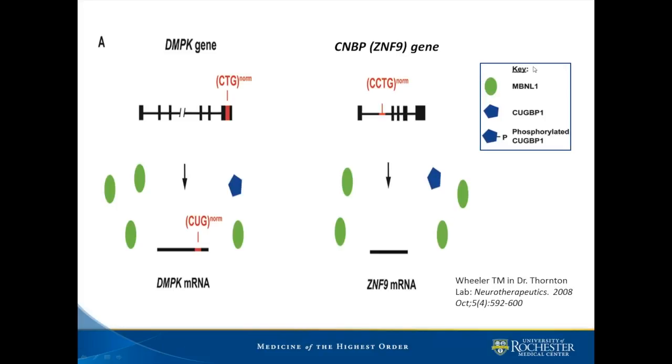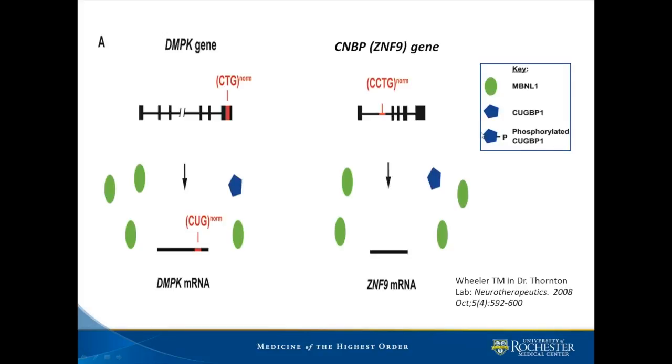Now, there are going to be some symbols that you'll see in this slide and the next slide. One is this little green symbol, and it's this muscleblind, MBNL1, the material that I mentioned in the previous slide. I didn't mention this CUGBP1, and I don't want to spend a whole lot of time talking about it, but it's another nuclear regulatory protein that is important in the cell, and when it's phosphorylated, it may create misbehavior in the manufacturing of muscle.